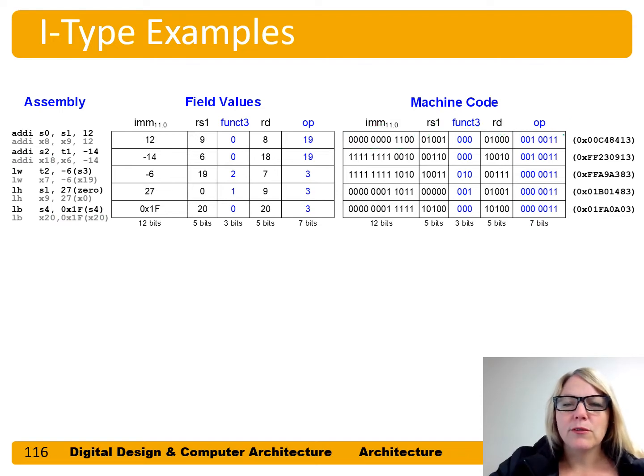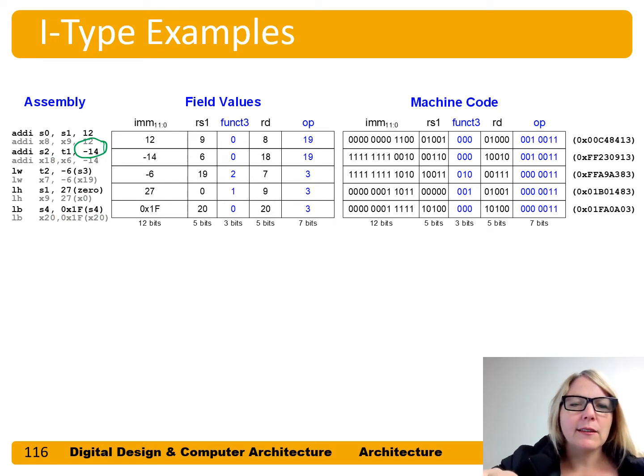And we gather groups of 4 starting from the right. The rightmost digit is 3, and then 1, and so on, to get the 32-bit hexadecimal representation of that instruction. And we have other instructions. Here's a negative immediate.